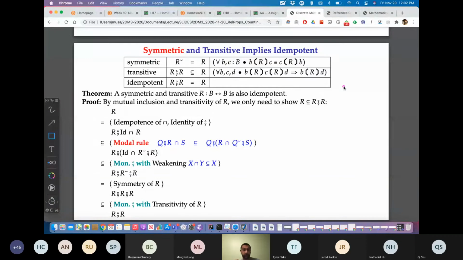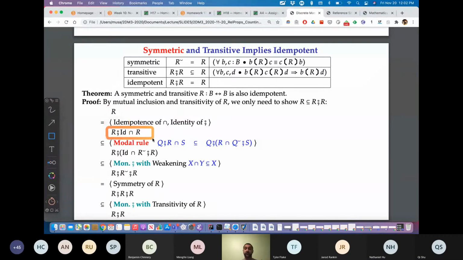Now this proof is hard to do without Dedekind or without the modal rules, right? So you have to unpack these definitions using for alls and exists, and you can prove it. Or you can say, hey, let me start off. Let me duplicate what I know because it's idempotent. R is the same as R intersect R. And then I can bring in an identity.